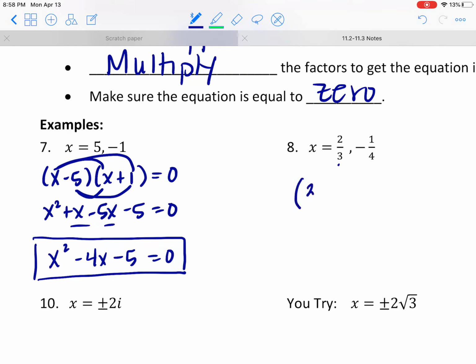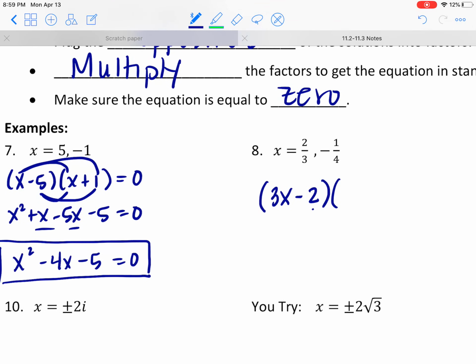Alright, how about this guy? Remember our bottoms up? If 2/3 is an answer, it's because 3x minus 2 was a factor. Right? If there's a plus 2 here, that's why I have a minus 2 here. If there's a divide by 3 here, that's why I have a times 3 here. Or think about your bottoms up, right? The bottom of your fraction is your coefficient, and the top is your constant. So if 2/3 is an answer, 3x minus 2 is a factor.